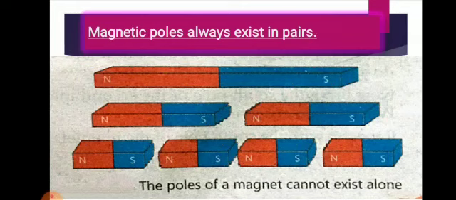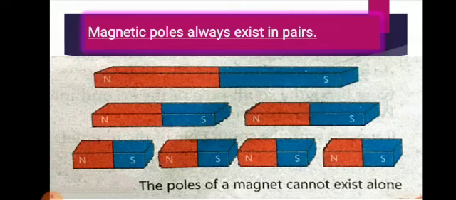See, magnetic poles always exist in pairs. If a magnet is broken in the middle to separate the poles, one finds that a new pole forms at the broken ends. If one of these pieces is again broken, each piece is again found to contain two poles of opposite kinds.